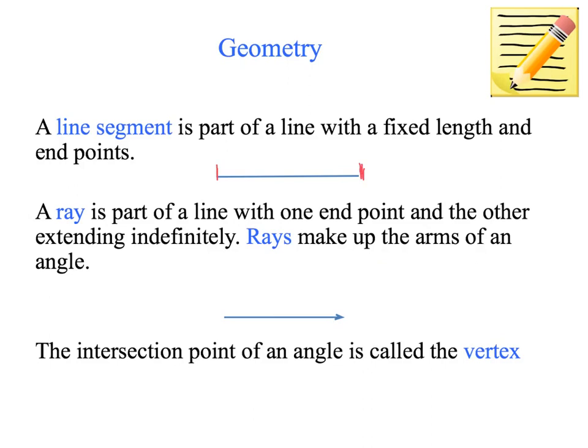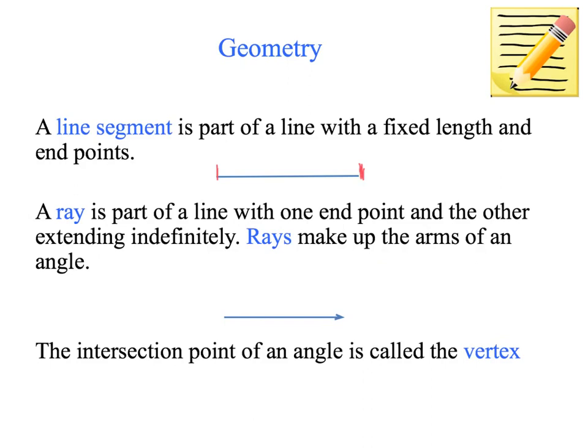Now, this is the most important thing you remember in geometry, a ray. Yep, I know, I'm hilarious. So a ray is a part of a line and it has one end point and the other end extends indefinitely. So you can see here that we've got an end point. This is the end point, it doesn't have an arrow, and this one extends to the right indefinitely.